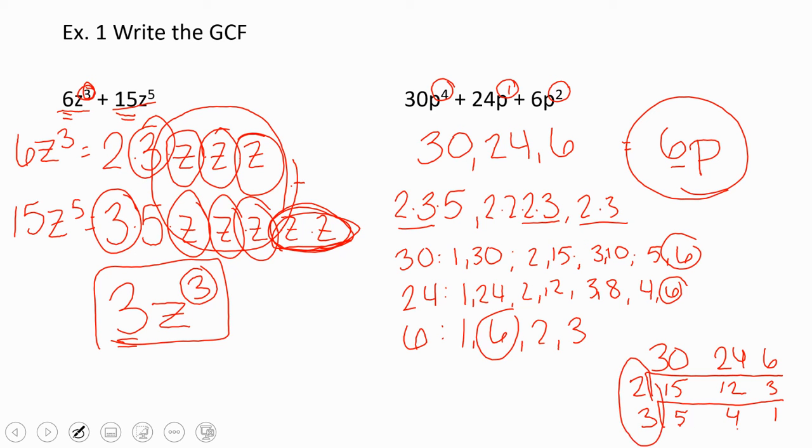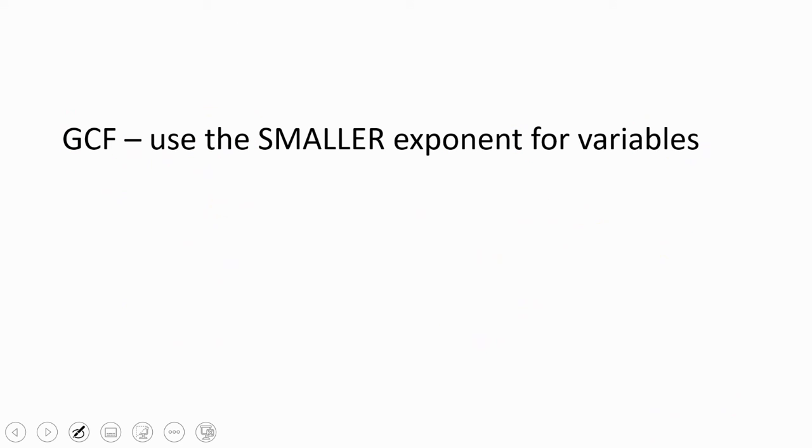Multiply to get your GCF of 6. So there are 3 different options to help you if you forgot. And then for the variables, when you're doing GCF, you're going to use the smaller exponent of the variables. I suggest that you pause the video and write that statement down to keep it with you when you're doing the problems. I think it'll really help you.